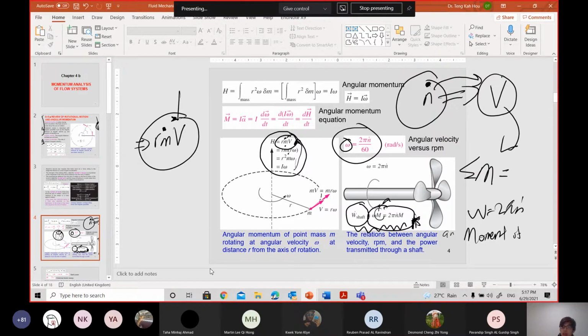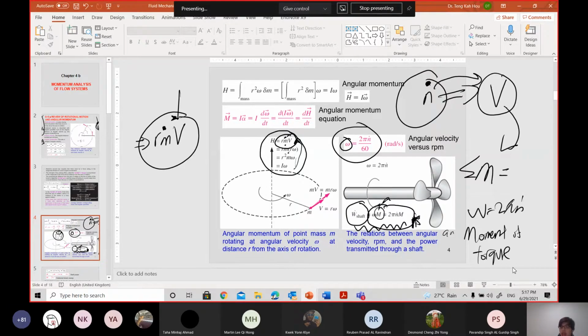But this can also be referred to as the torque, because when you have any perpendicular force applied tangentially on this surface, this force times your r is your moment, am I right? So this is one of the very important formulas you need to know.